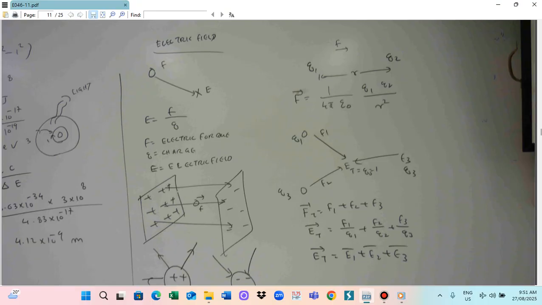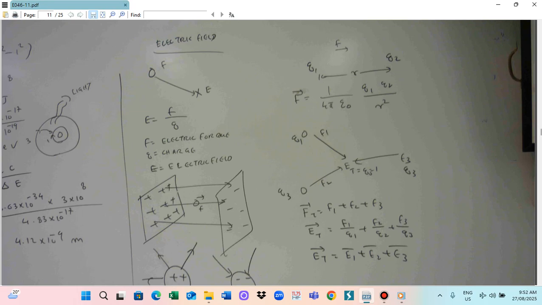In the meantime, E total can be calculated as F1 by Q1 plus F2 by Q2 plus F3 by Q3. Here Q0 is 1 unit. So E total is equal to F1 by Q1 plus F2 by Q2 plus F3 by Q3.